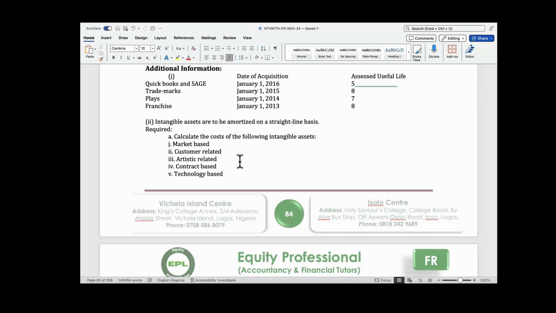Assessed useful life, 7. Franchise, date of acquisition, January 1st, 2013. Assessed useful life, 8. Intangible assets are to be amortized on a straight line basis. Required. Calculate the cost of the following intangible assets. 1. Market-based. 2. Customer-related. 3. Artistic-related. 4. Contract-based. 5. Technology-based.